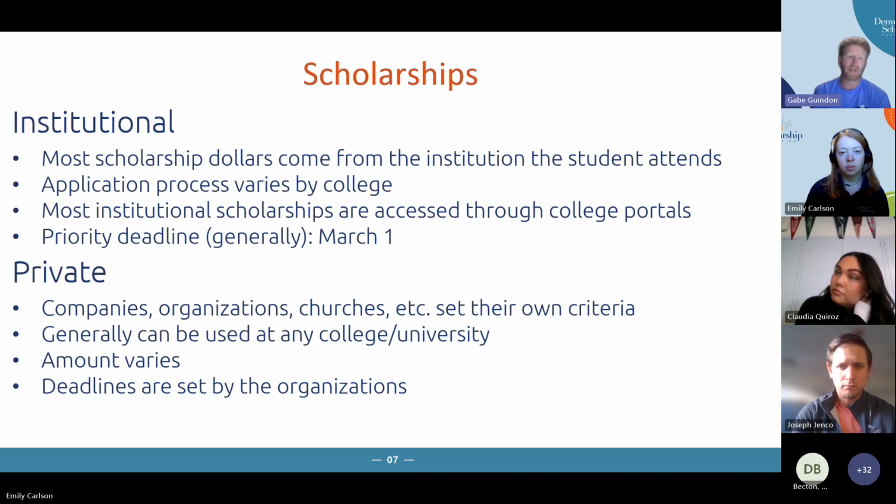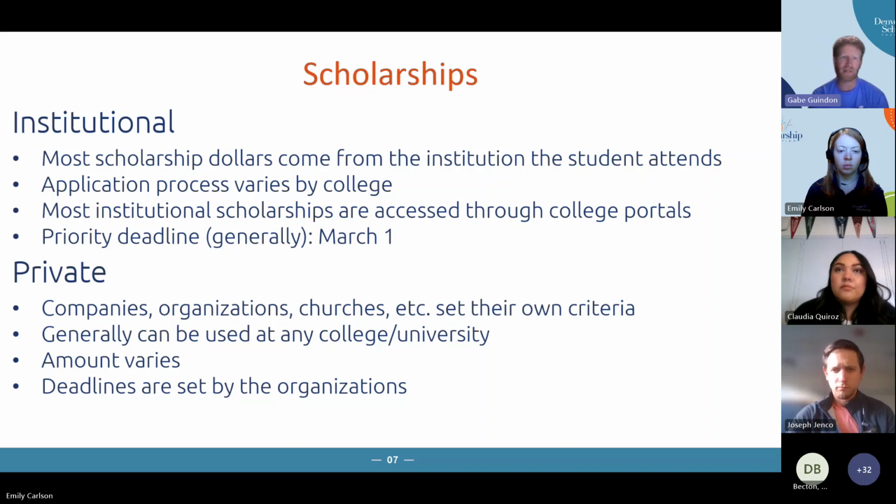Many scholarships are also coming from private organizations, from companies, from churches, and those scholarships will have their own criteria. Generally, those scholarships can be used at any college. The amount will vary from one scholarship to the next, and deadlines are also set by organizations.